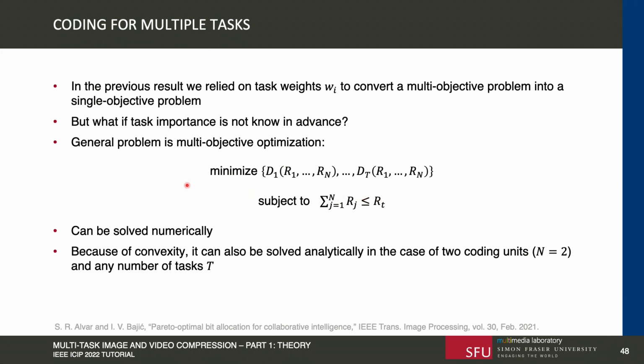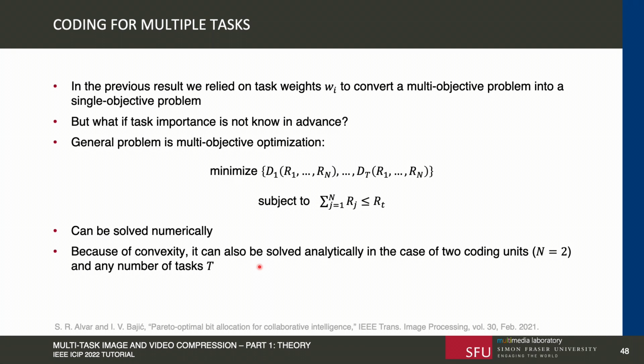So this leads us to the notion of Pareto optimality, which is the optimality notion appropriate for multi-objective tasks. And it can be solved numerically. There are a number of numerical solvers for problems like this.